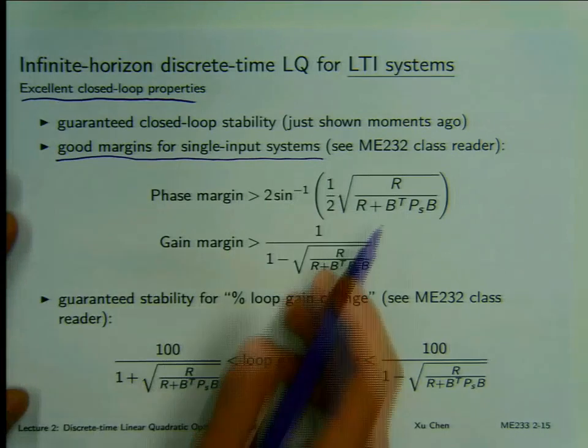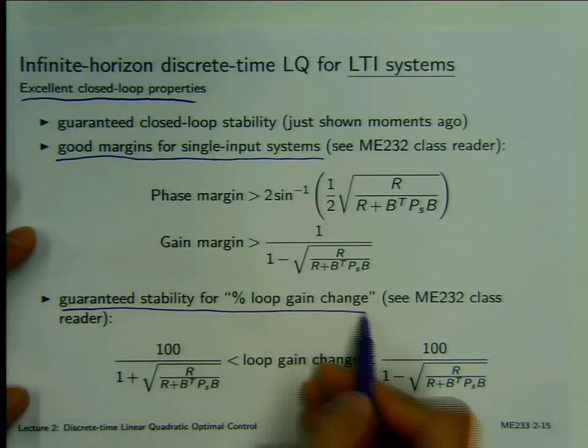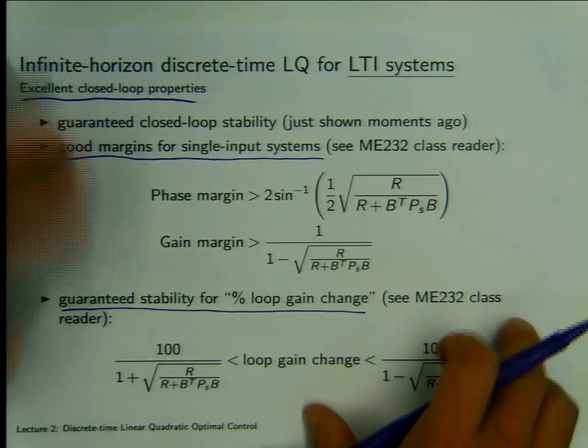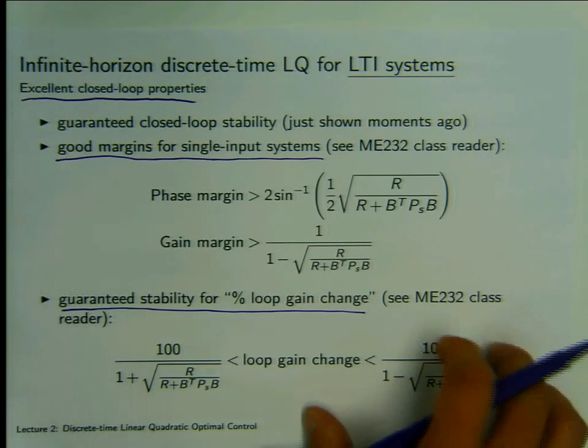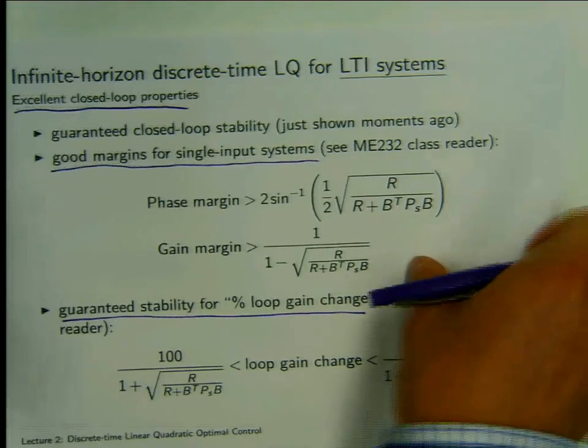We have these margins over here, and then we have guaranteed stability for loop gain changes. So this is just showing excellent closed-loop properties. LQ is good in this sense. The details you can review in the ME232 class reader.